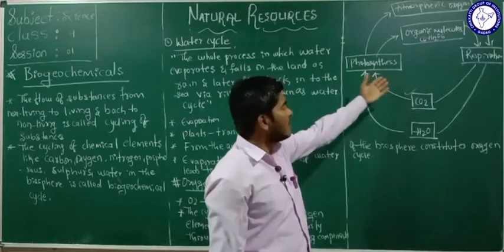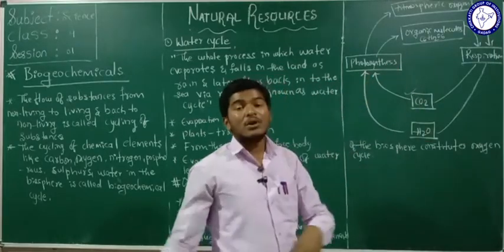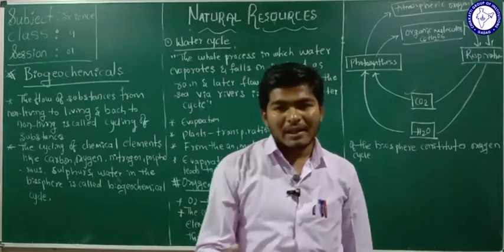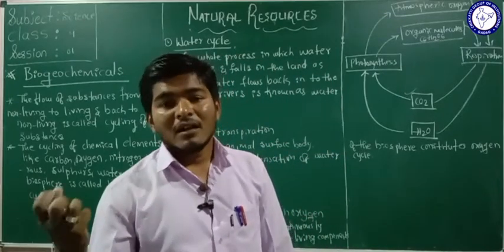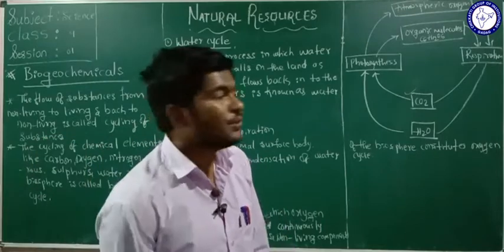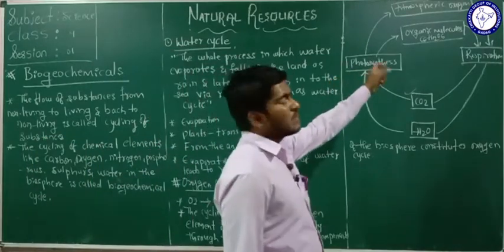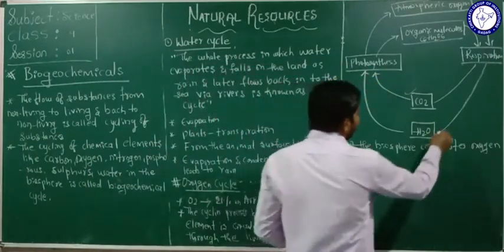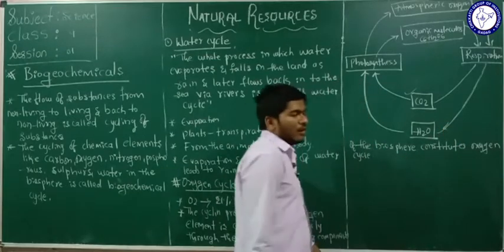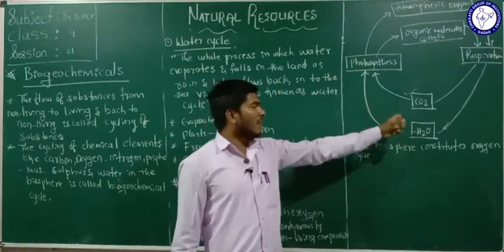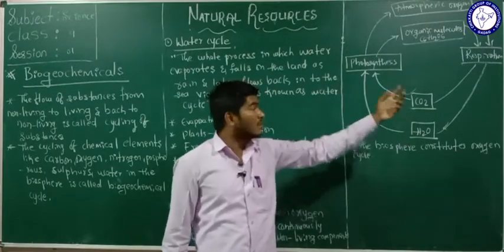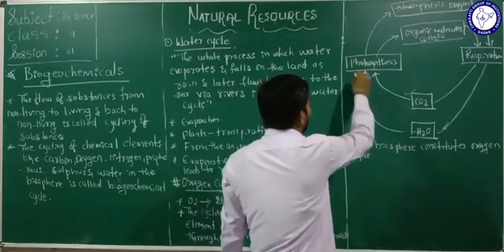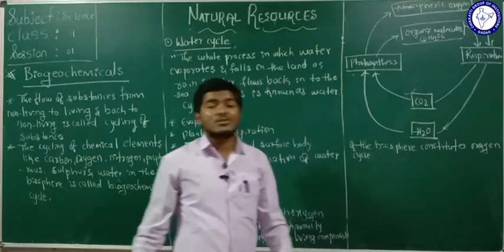Also, some dead decaying organisms, the decayed bodies present on the earth's surface, also utilize the oxygen present in the atmosphere, and they release water here. And the carbon dioxide and water released from the dead decayed bodies and the animals will be utilized by the plants in the process called photosynthesis.